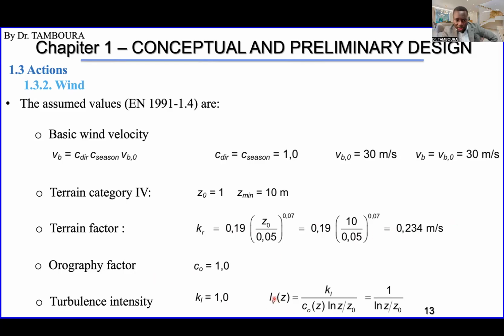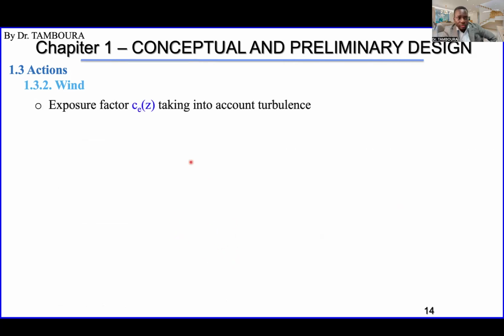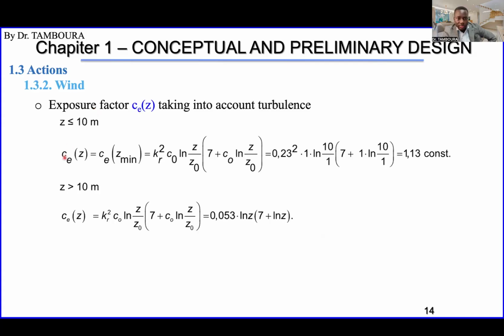And this Iv(z) is 1 divided by ln of Z over Z0. So we need this one, this one, and KR to obtain the exposure factor. Like this. See, KR is here, C0 is here, and this one.